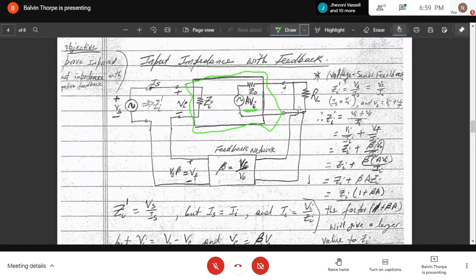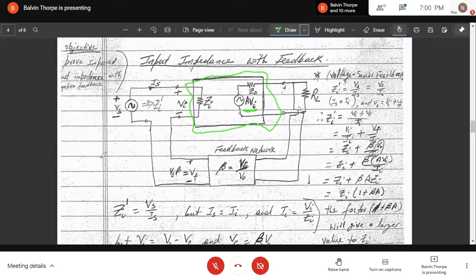The network has an input voltage VS. VS will supply a voltage which will cause a current to flow. Now, the overall network will have an input impedance, which I call ZI prime.